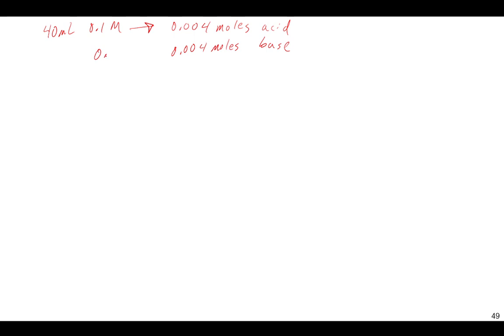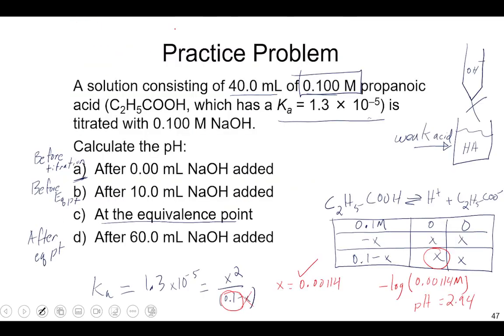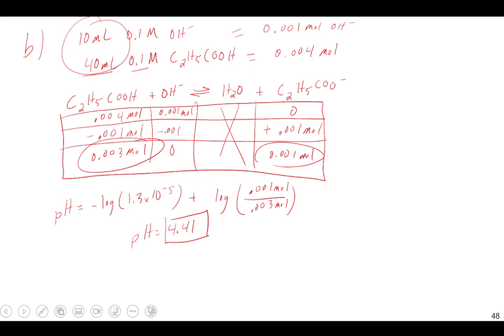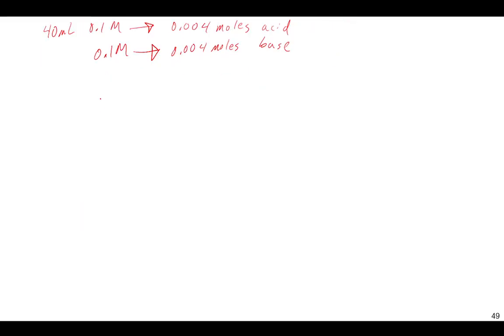Okay, and I know my base is 0.1 molar NaOH. That's given in the problem, 0.1 molar NaOH. So I must be adding 40 mils of 0.1 molar in order to get 0.004 moles of base, which is what's required at the equivalence point, where we know moles of acid equal moles of base.